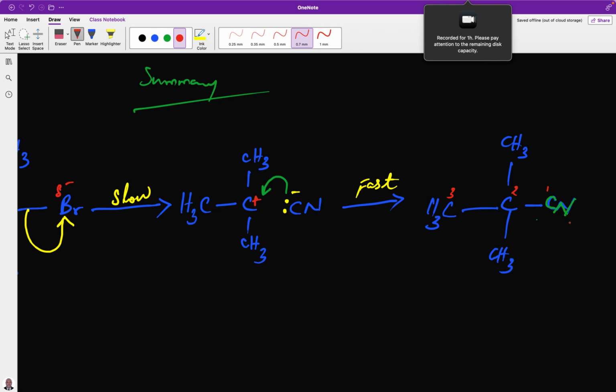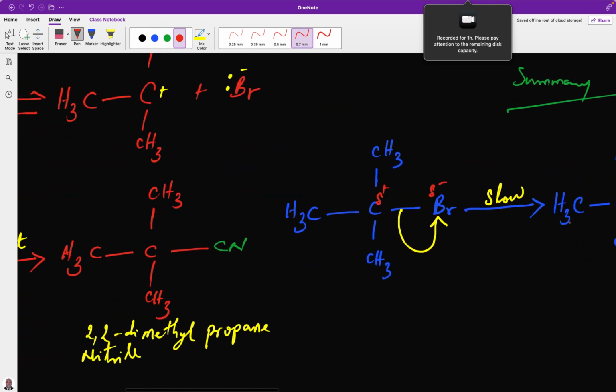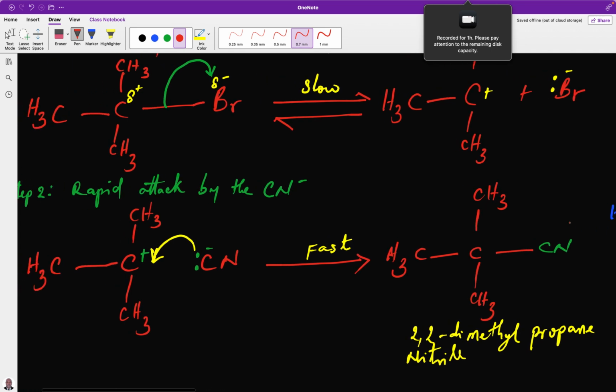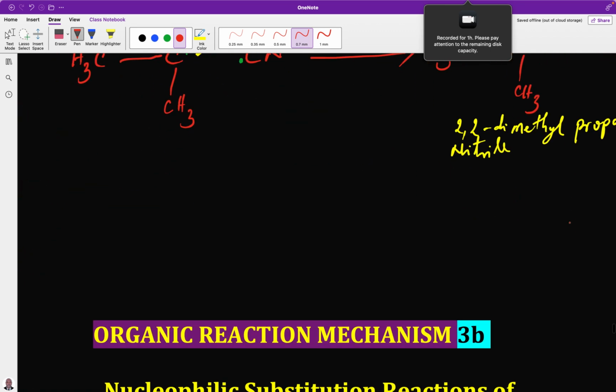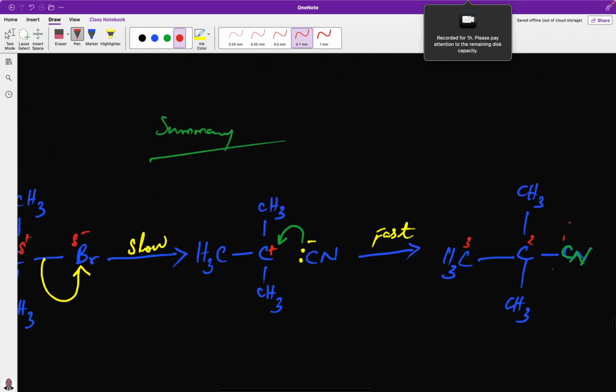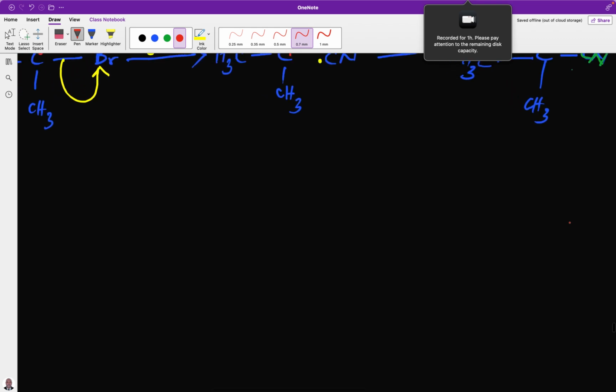Now, our learners, I want you to have some tips on this SN1 mechanism. Some tips on this SN1 mechanism I would like you to understand. Tips to remember.